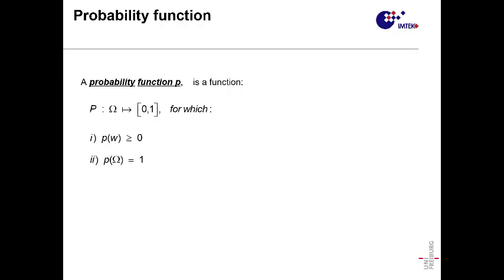The probability of the whole omega is equal to 1. If you sum the probabilities of all the elements of omega, it has to be equal to 1. This is what defines the probability function P.